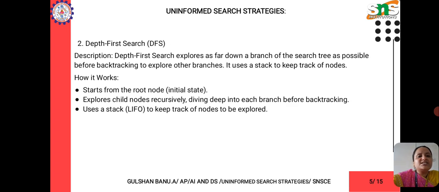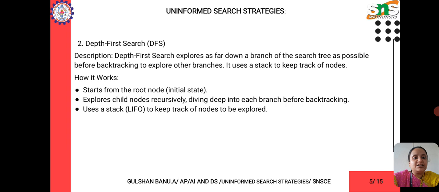Now, what is depth first search? Depth first search, as I explained in the previous video, explores as far down a branch of the search tree as possible before backtracking to explore other branches. It uses a stack to keep track of the nodes. So how does it work? It starts from the root node and explores the child nodes recursively, diving deep into each branch before backtracking.